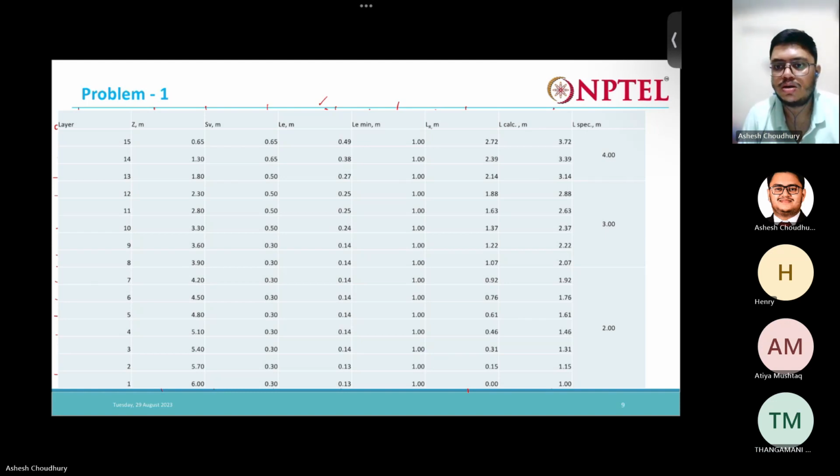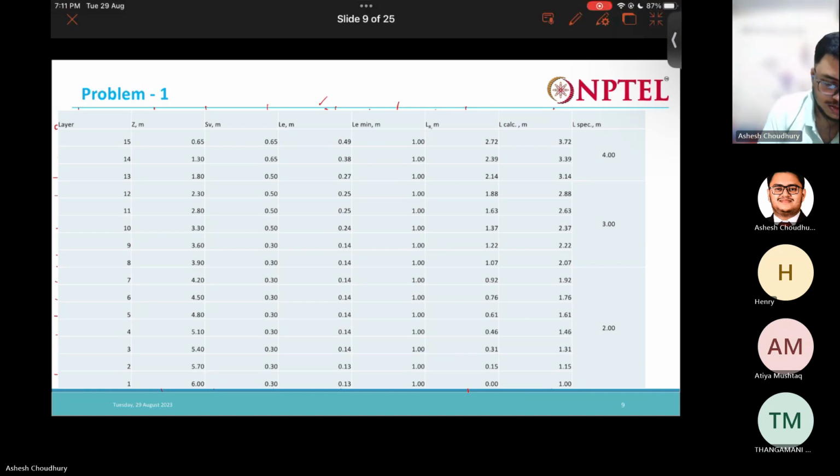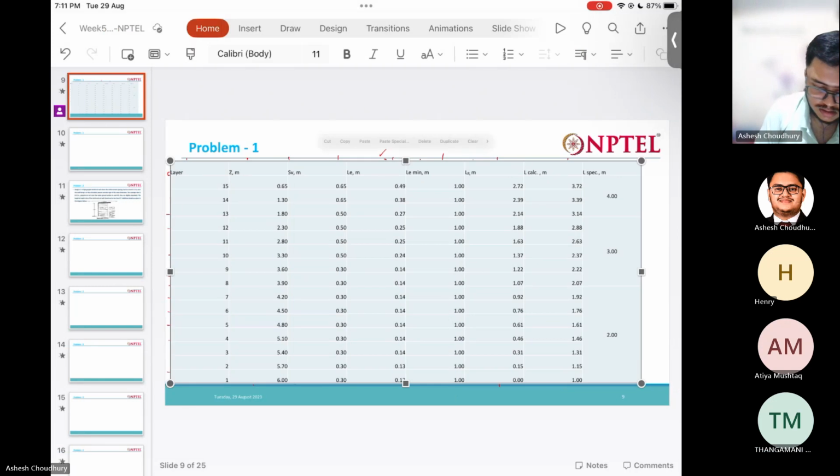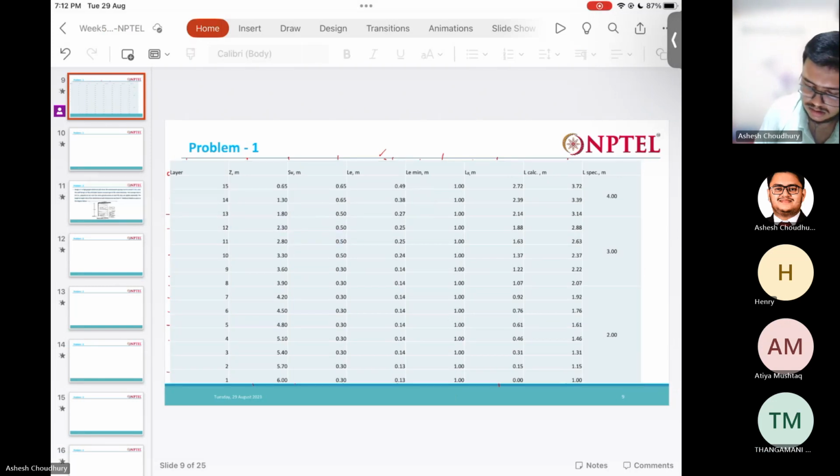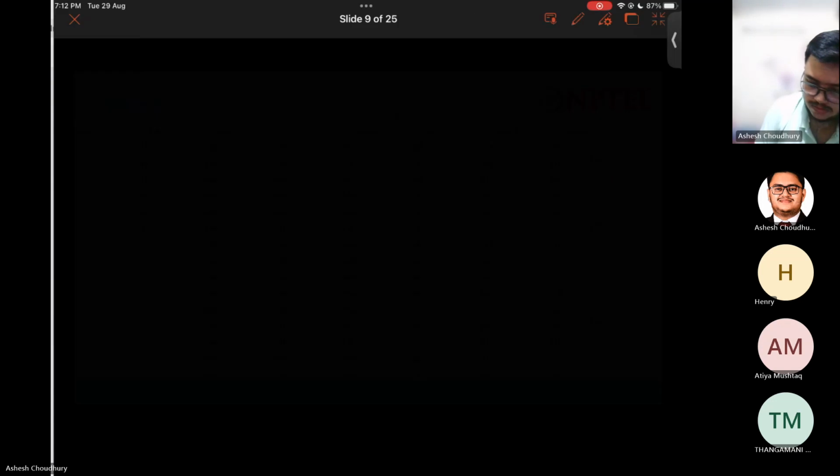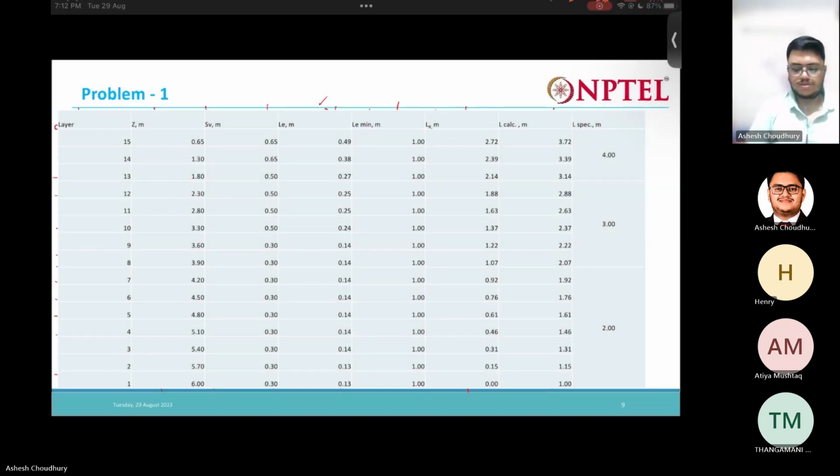So we got the lengths for each layer, and then we selected these final lengths. So the designing part is now over.